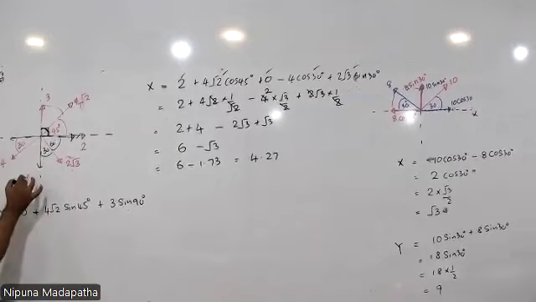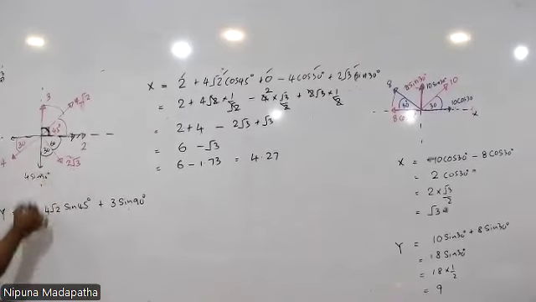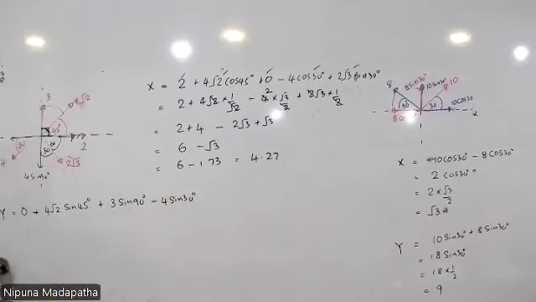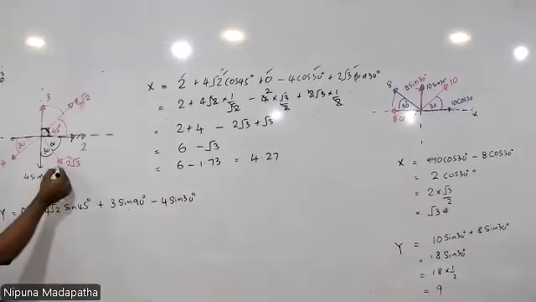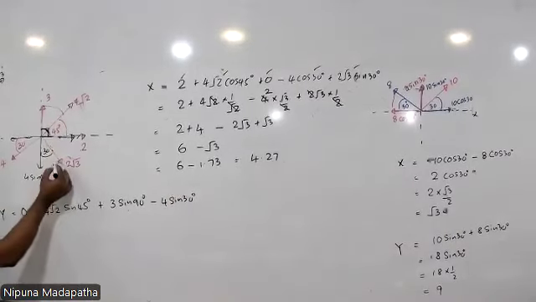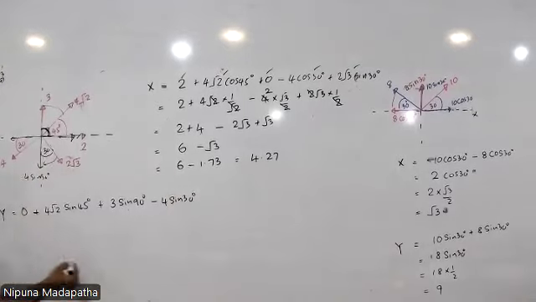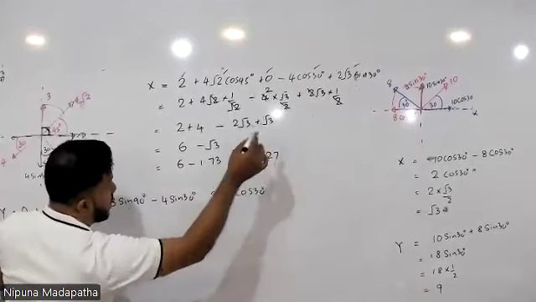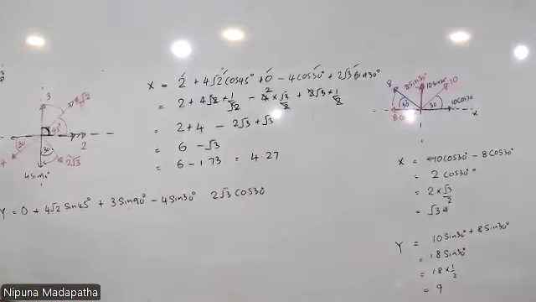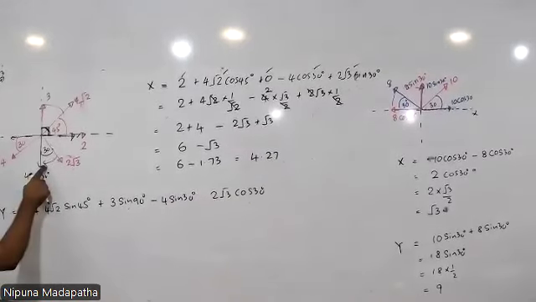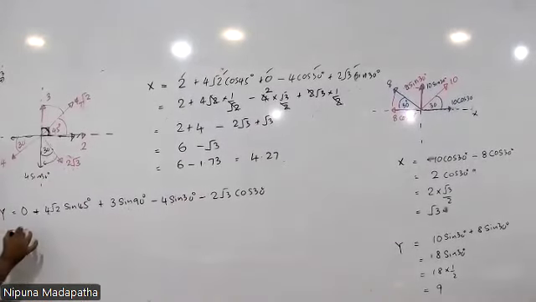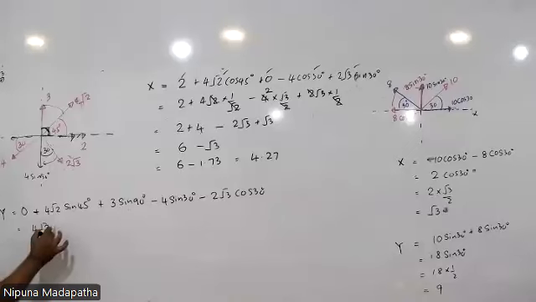The angle is 30, so 4 sine 30 in the negative y direction. I also resolve that to get 2 root 3 cos 30. Is the sign positive or negative? Negative, vertical down. 2 root 2 sine 45 is 1 over root 2.